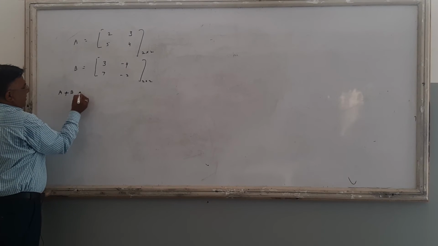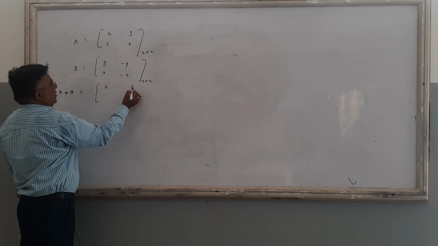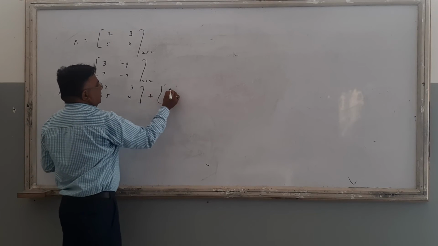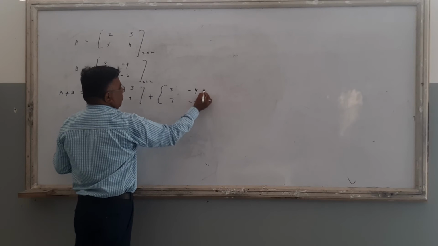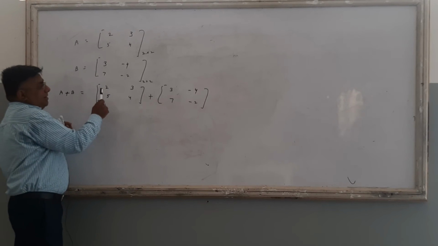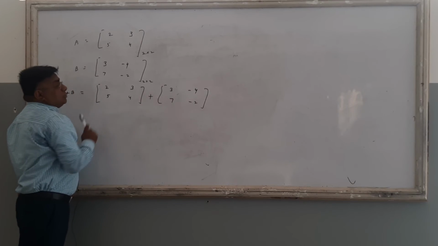Adding two matrices, that is the sum of two matrices. Now A matrix is 2, 3, 5, 4 and B matrix is 3, minus 4, 7 and minus 2. Now when adding two matrices, the corresponding elements are added. First element, small a11 is added to small b11.